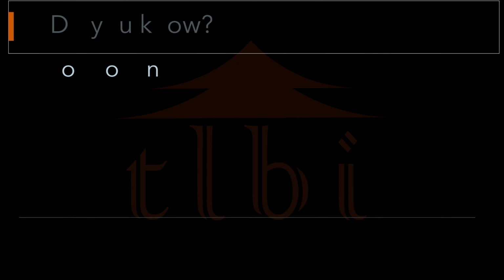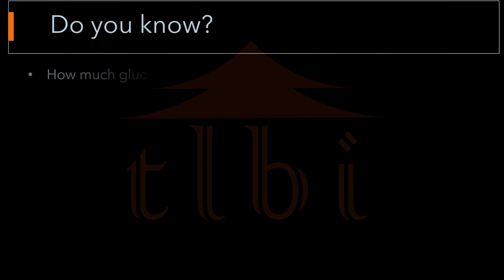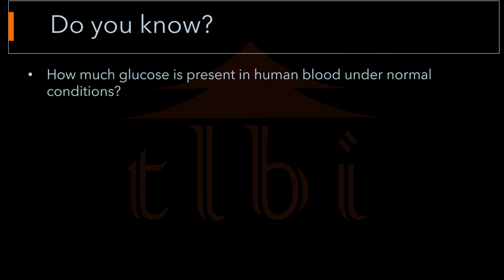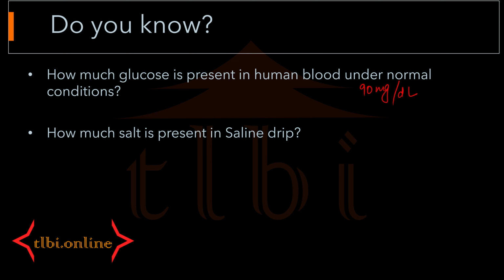So do you know how much glucose is present in human blood under normal conditions? The blood contains about 90 mg of glucose per deciliter, and deciliter means 100 ml. How much salt is present in a saline drip, intravenous?